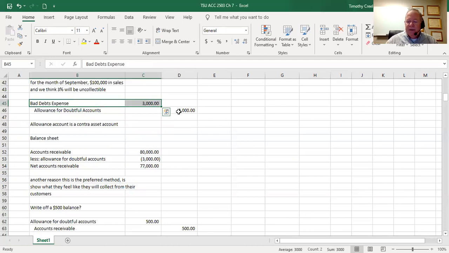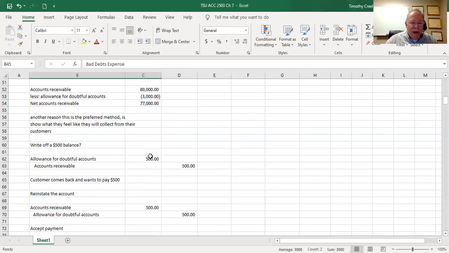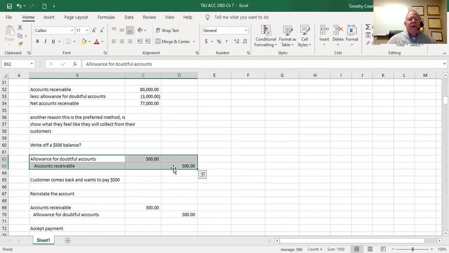That's all we've got to do in this case, and you'll see that down here. When we're writing off the account, we're just taking it out of the allowance account because we've already recognized the bad debts expense when we made the adjusting entry.